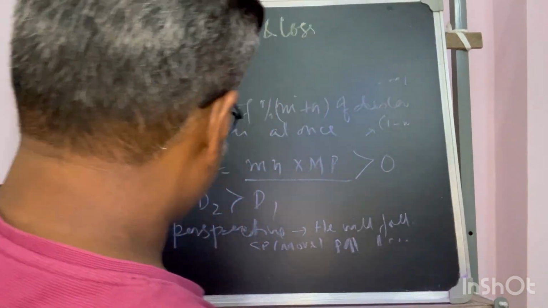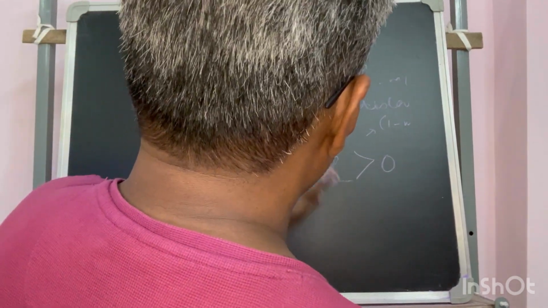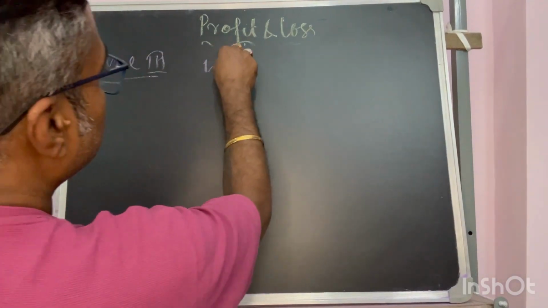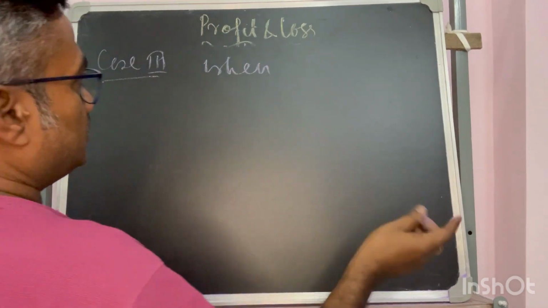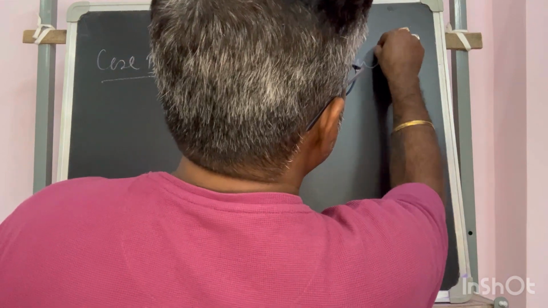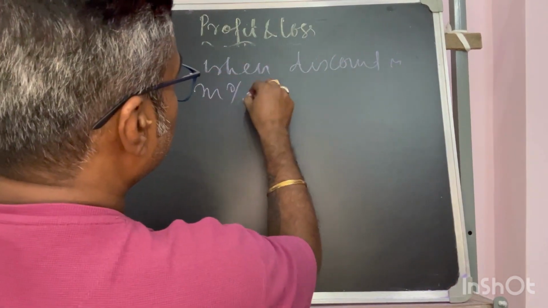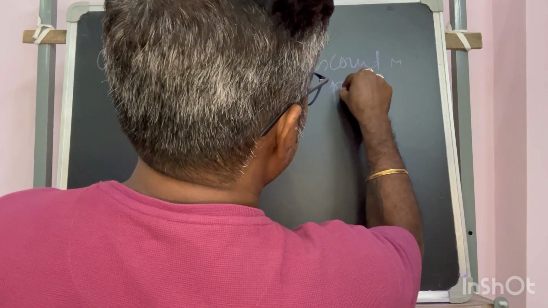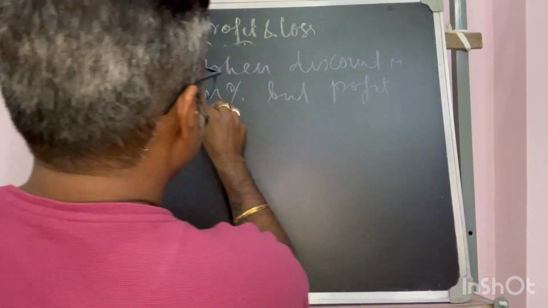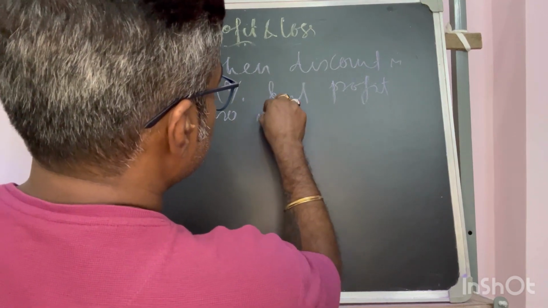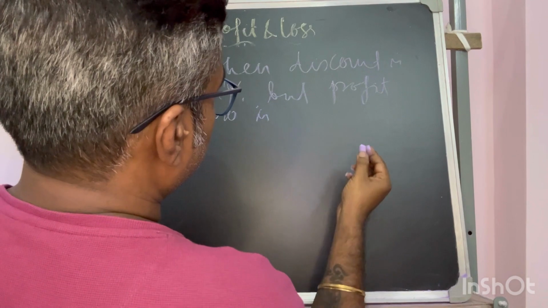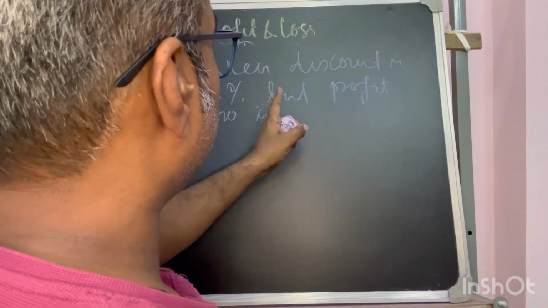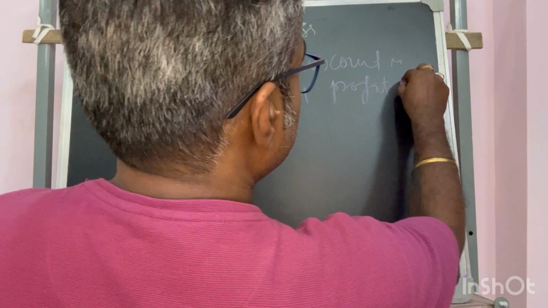Case 3 is when the discount is M%, but the profit is, let's say, N%.